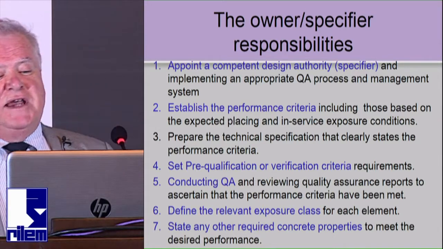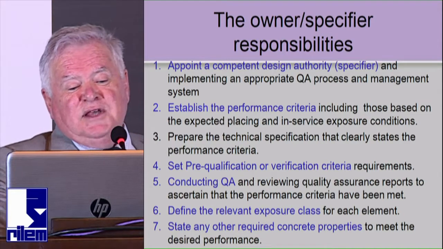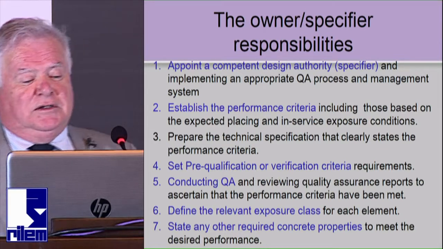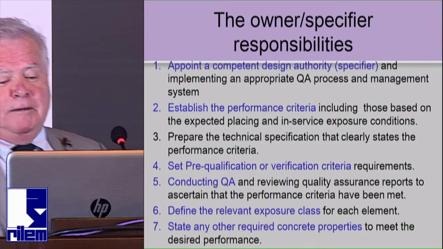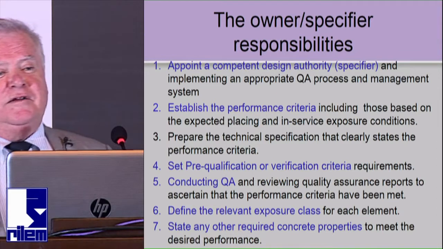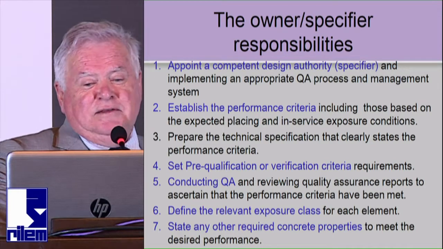You need to make sure the technical specification clearly states the performance criteria and sets pre-qualification or verification requirements, and conduct a quality assurance process. And if they don't want any cracking or they want certain limitations on crack widths, they need to state that as well.